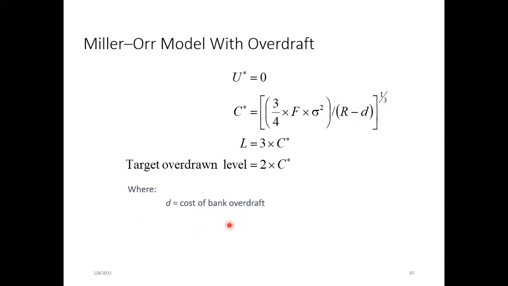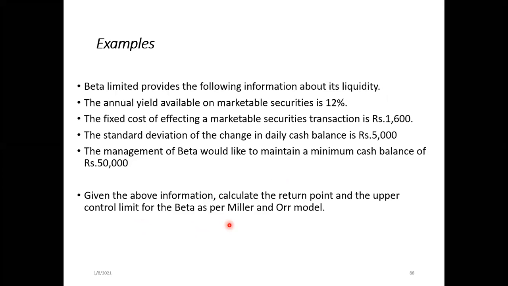And we have a small example on this, right? So Beta Limited provides the following information about its liquidity. The annual yield available on marketable securities is 12%, and the fixed cost of effecting a marketable securities transaction is 1,600, and the standard deviation of the change in daily cash flow is 5,000.